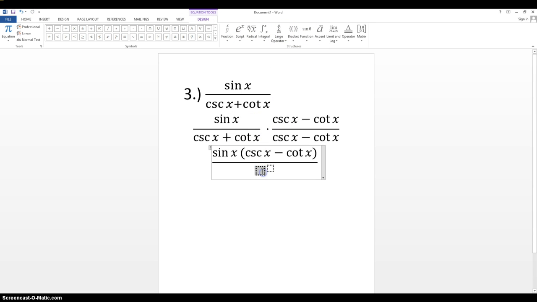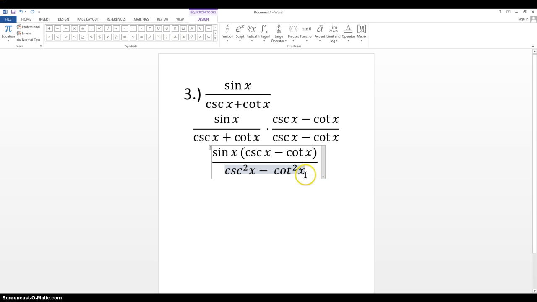Right, cosecant squared of x, minus, because a plus times a minus gives us a minus. What is cotangent of x times cotangent of x? Cotangent squared of x. Good.